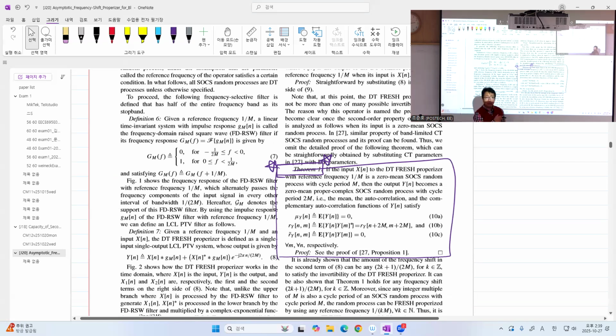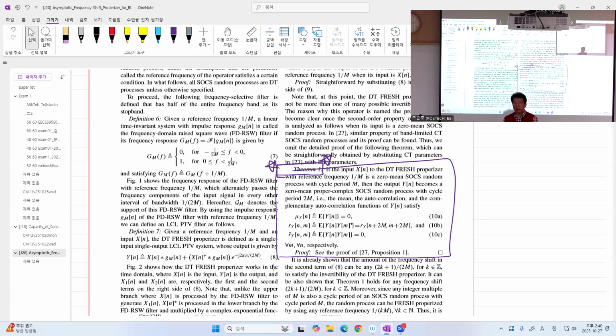So theoretically speaking, whenever you have an improper complex observation, there exists a processor that converts the signal to a proper one and does proper complex processing. Theoretically.